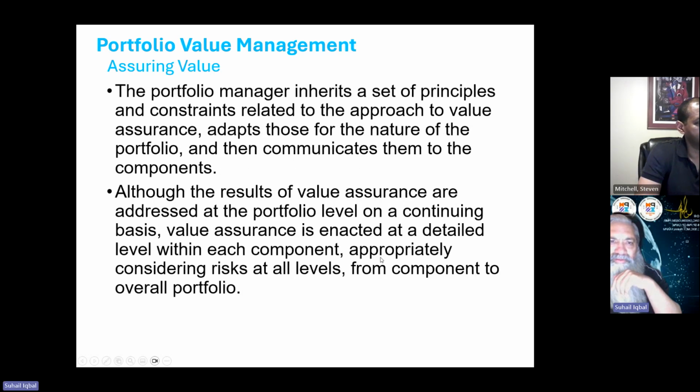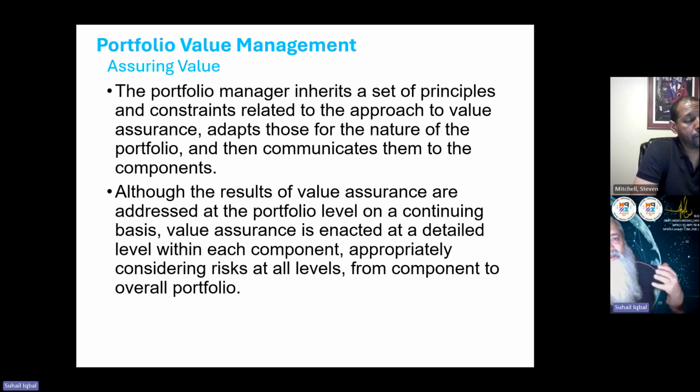When we are trying to assure the value, the portfolio manager has a mechanism of checking within the components whatever they are performing: will they be able to produce what they are producing, and ultimately will that contribute to the value generation? Will that assure the value?